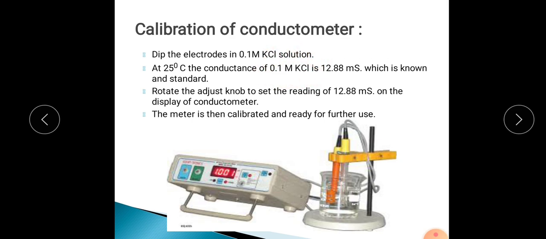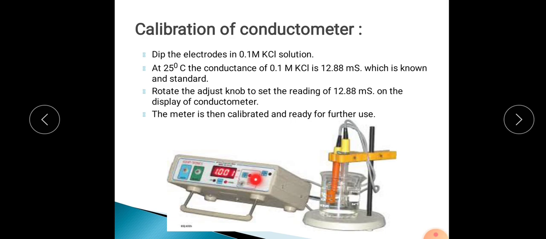So these 2 platinum electrodes are dipped into the 0.1 molar KCl solution. When it is dipped in such a known conductance solution, the meter has to show a reading of 12.88 millisiemens. If the meter is showing a deviated reading, then there is a calibration knob which can be rotated.